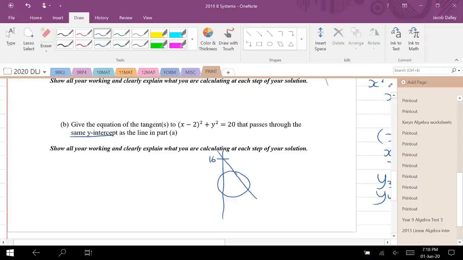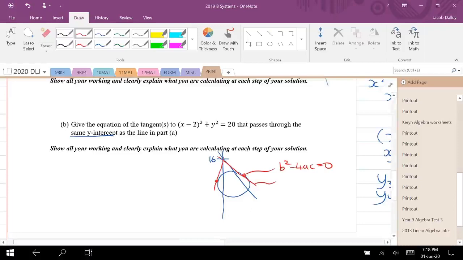So what we're going to try and find is two new line equations that look like this. So they're tangenting on the edge. So you might remember at this condition, b squared minus 4ac equals 0. So we're going to use that to figure that out, but that comes later.